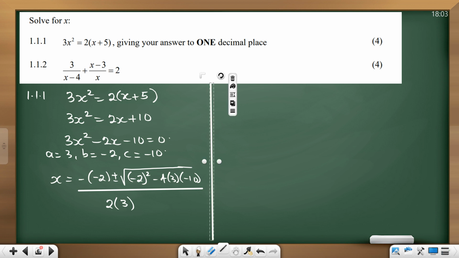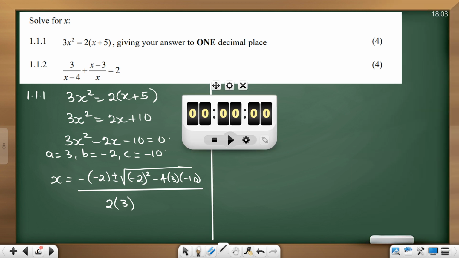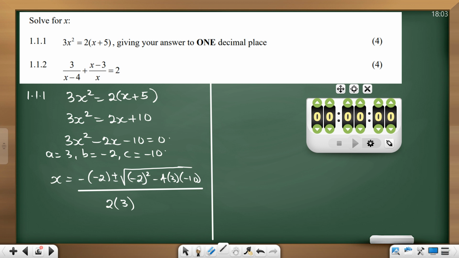Guys, please, quickly, 1.1.2. Let's see what you are made of. 4 marks, 4 minutes. That's too much, but to give everybody a chance.